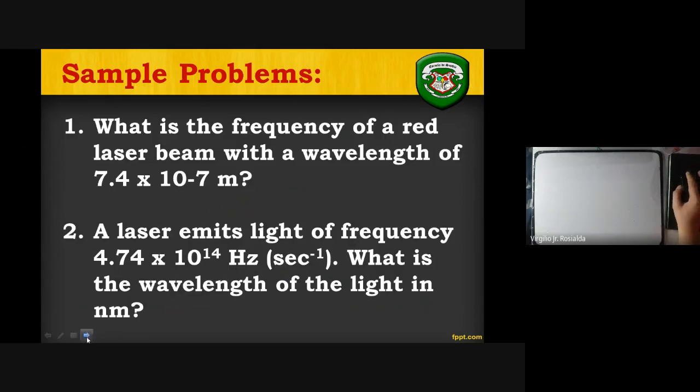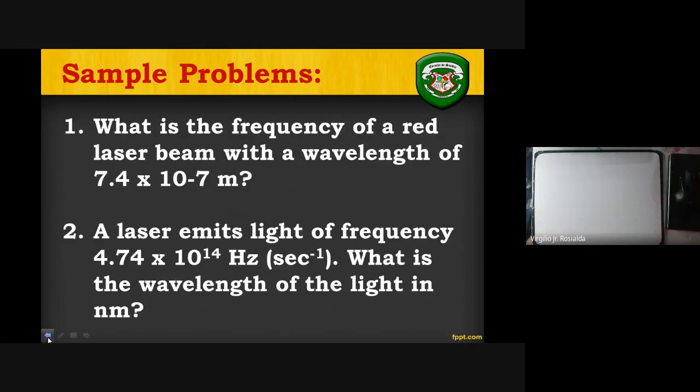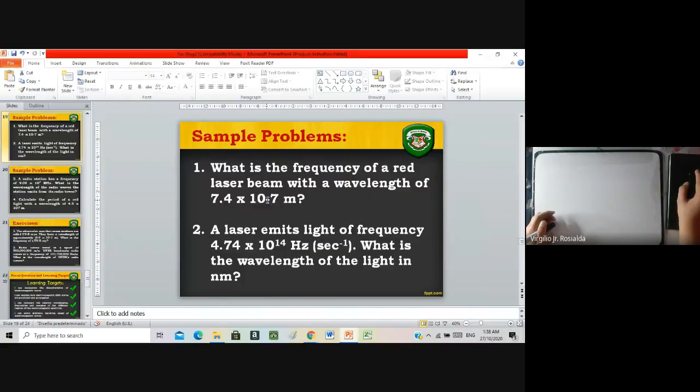So we will try to solve 4 different problems para mas marami kayong basis for solving electromagnetic waves. So number one, what is the frequency of a red laser beam with a wavelength of 7.4 times 10 raised to negative 7 meters? Okay, so let me stop sharing my screen. Actually, that one is negative 7.